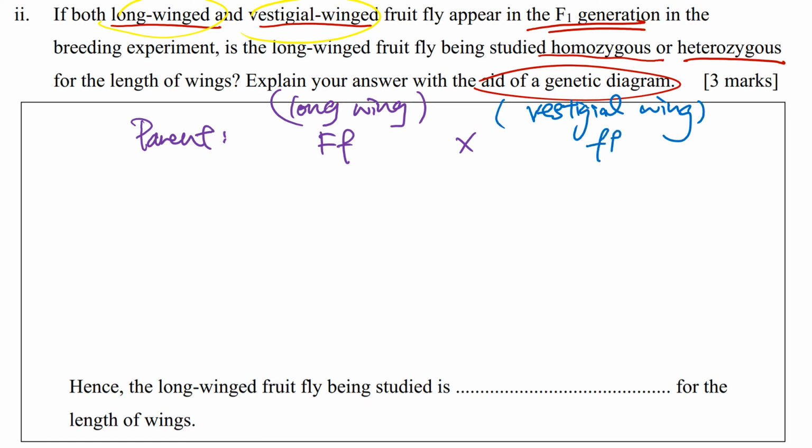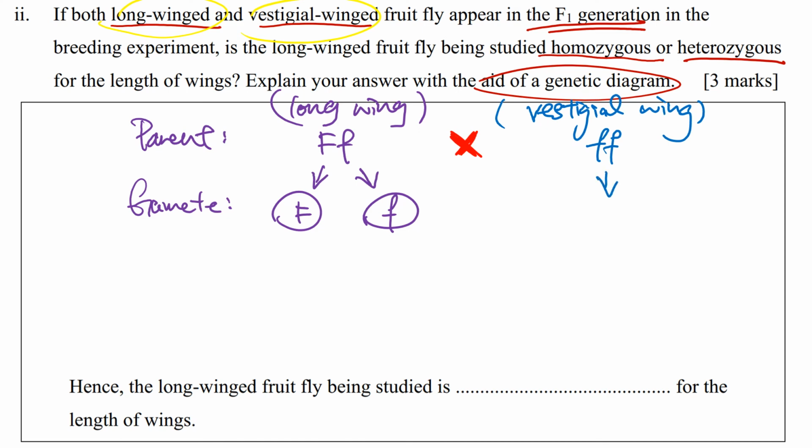You must cross it with a vestigial wing, here small f, small f. After that, you have to write down the gametes. The long wing heterozygote gives 1 big F and 1 small f, while the vestigial wing only gives 1 type of gamete, that is small f.